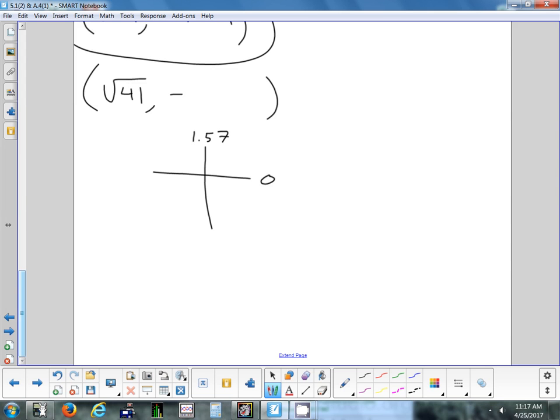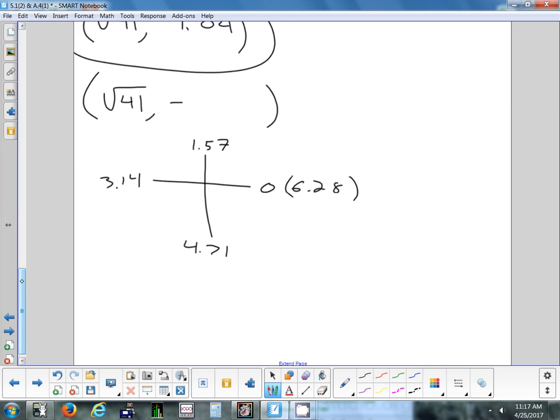These are just ones I have memorized. So 1.57 is 90. 3.14 is 180. 4.71 is 270. And this is 6.28, 360. That's all the way around. Same as 0.